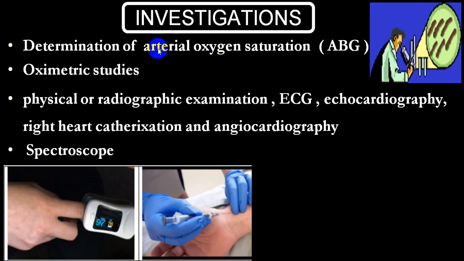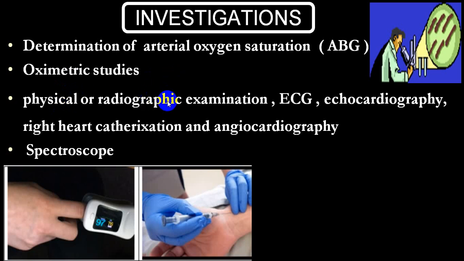As far as investigation is concerned, first you have to identify the peripheral arterial oxygen concentration either by ABG or by pulse oximeter. So you try to identify that. Then you can go for a complete history, good physical examination, cardiovascular and respiratory system examination, examination of pulses, and then you can go for an X-ray chest.